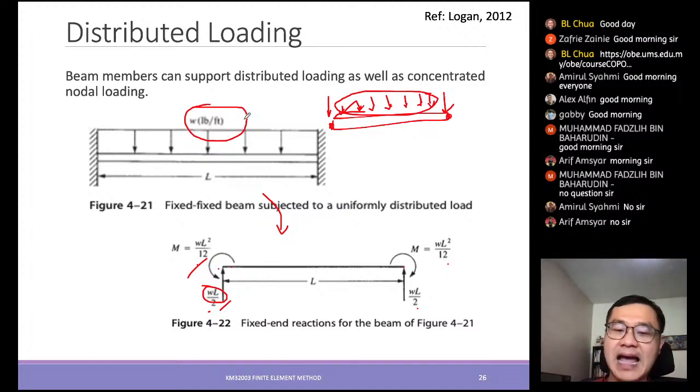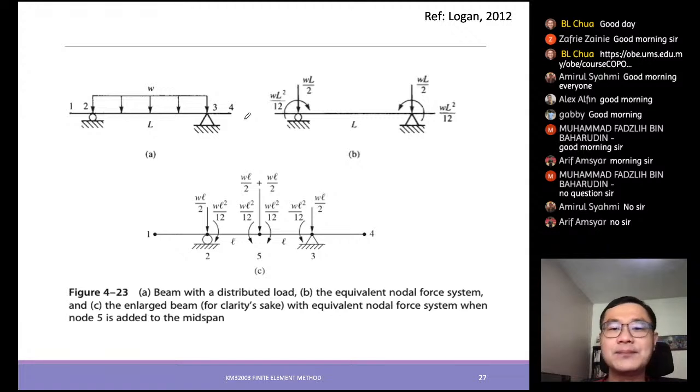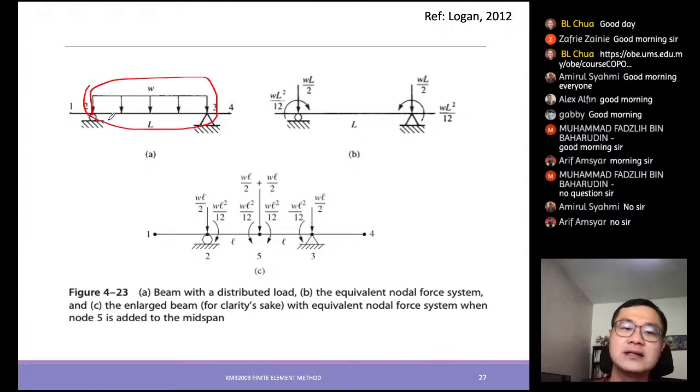Based on this idea, now we can easily break them into parts, right? If this is the case, it is only acting on the segment 2 to 3. Therefore this distributed load we can change to WL over 2, because it's only considering the length from 2 to 3.